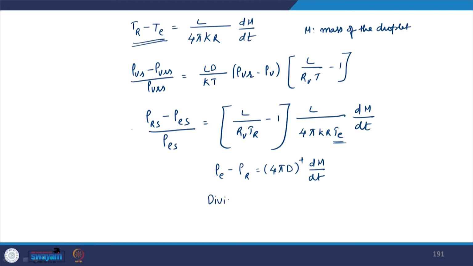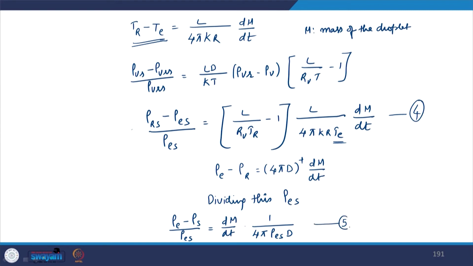Dividing this expression by rho_es, we will get (rho_e − rho_s) divided by rho_es is equal to dm/dt times 1 by 4 pi rho_es D. In this order, we call this equation 4, and we call this equation 5. Okay.